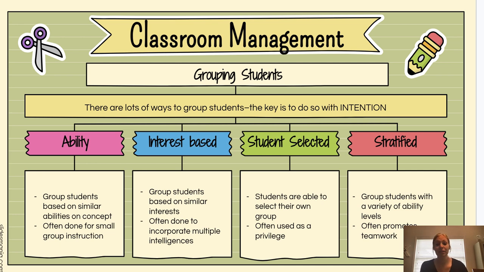I mostly grouped by who they were sitting near, which is the last one. It promotes teamwork and allows students from a variety of academic levels to be collaborative, and not single them out based on their ability or anything like that.